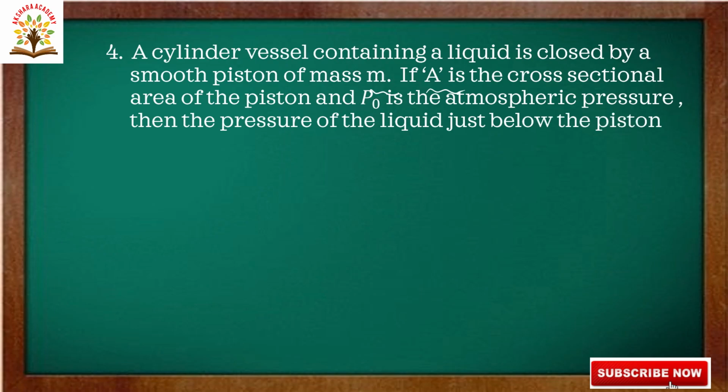So in this question, they have given a cylindrical vessel containing a liquid closed by a smooth piston of mass m. A is the area of cross-section of the piston and P0 is the atmospheric pressure. Then you have to calculate the pressure of the liquid just below the piston. So let us go to the solution here.